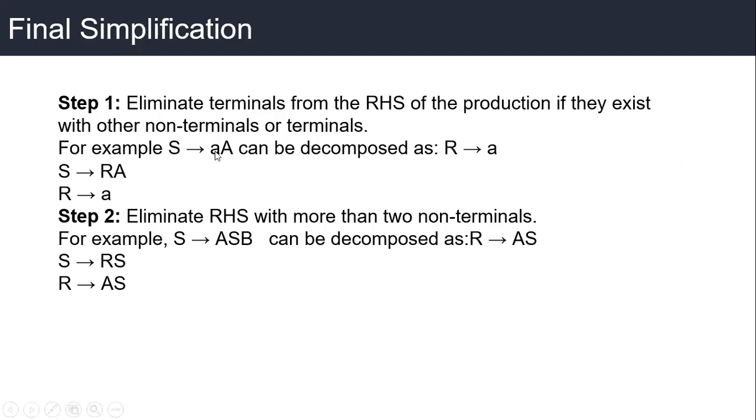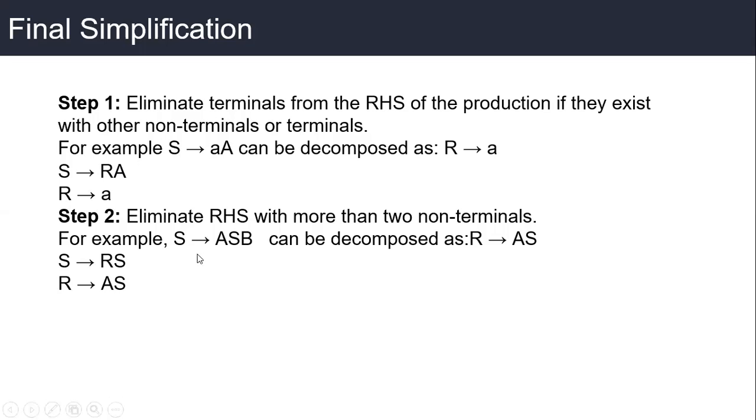What if the production is like this: S produces small a and capital A? This is not in the form of CNF. So we can introduce a new variable which replaces small a. Here small a is replaced by R. So S produces RA, and from R we can derive a. This is the new grammar for the given grammar.